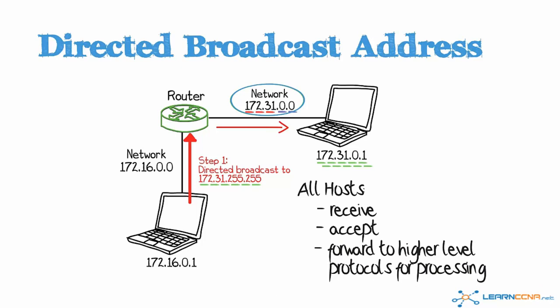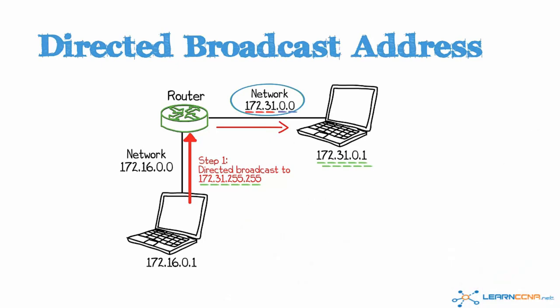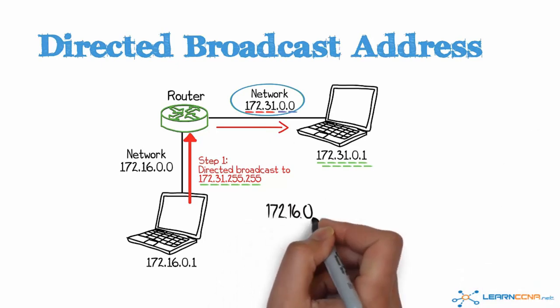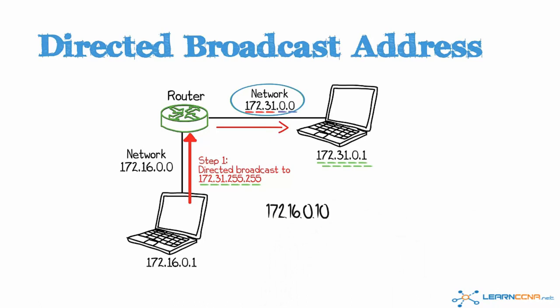Now normally, attackers would send the directed broadcast from the device that they want to attack. In other words, they may be using a different IP address, for example 172.16.0.10. But if they wanted to attack this device 172.16.0.1, they would send directed broadcasts to the subnet 172.31.0.0.